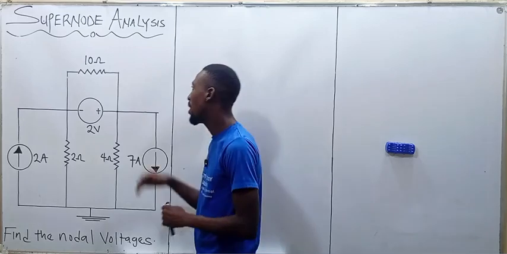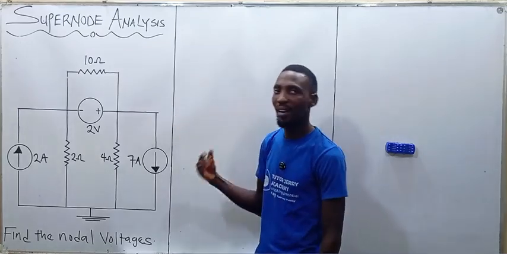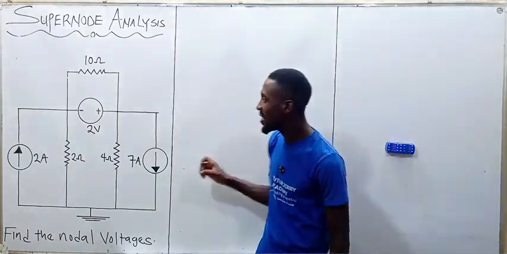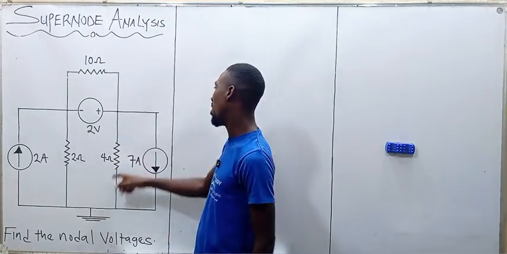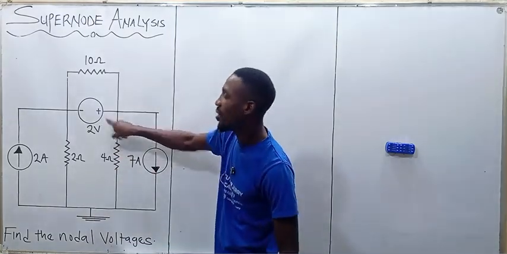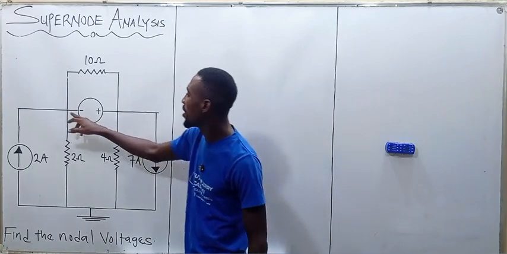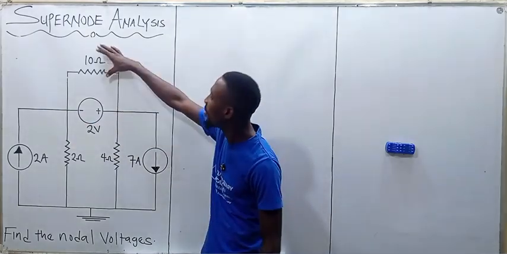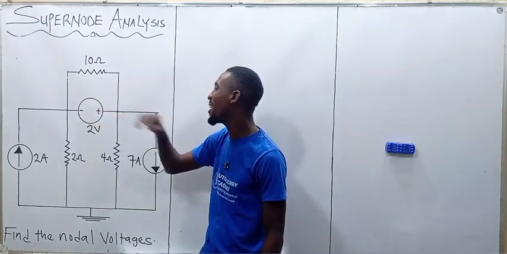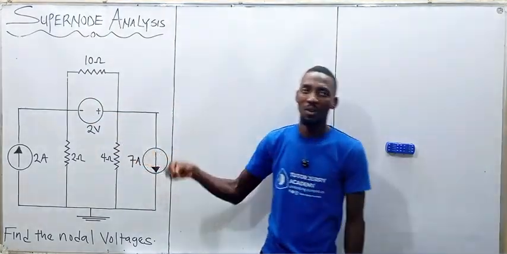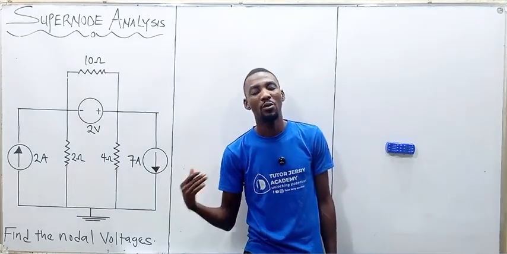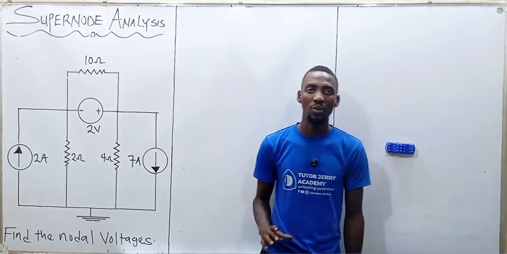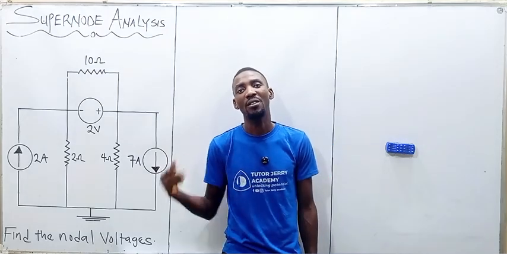All right, for us to solve this question, I have given us three cases that we are going to be using all through, and you can see that case 3 is already playing out here. We have a voltage source between two non-reference nodes, and a resistor is connected in parallel to this voltage source, because we said a supernode is formed whenever a voltage source is connected to two non-reference nodes or a reference node and a non-reference node.